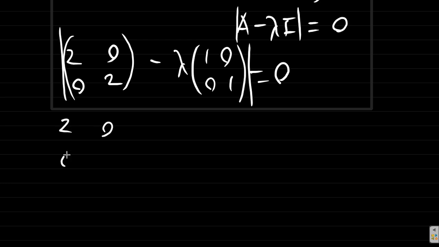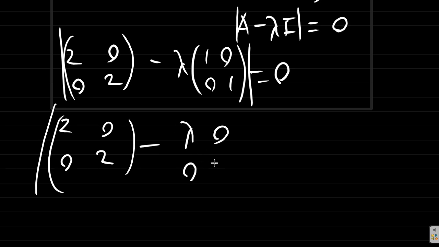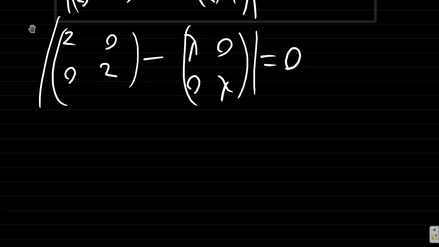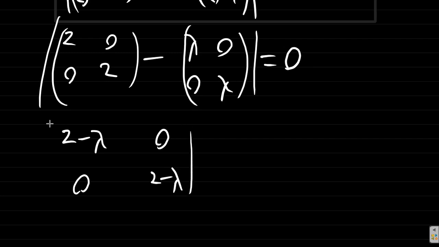It's 2, 0, 0, 2 minus lambda 0, 0, lambda. Alright? The determinant is 0. Now, we have 2 minus lambda, 0 minus 0, 0 minus 0, 2 minus lambda. The determinant is equal to 0.